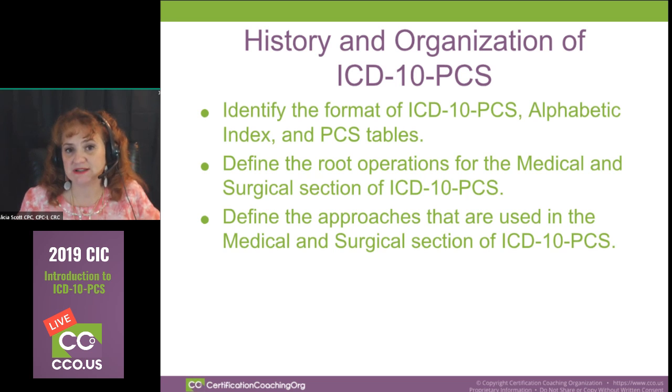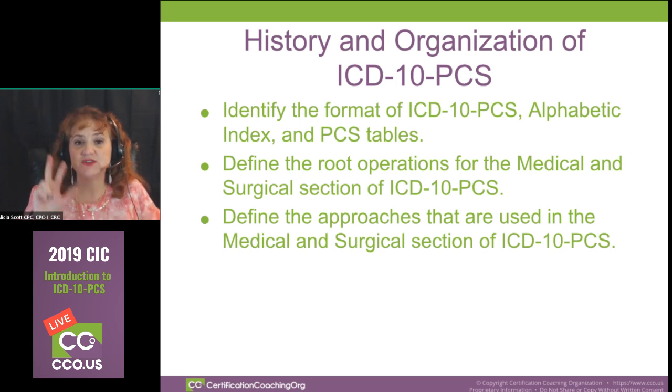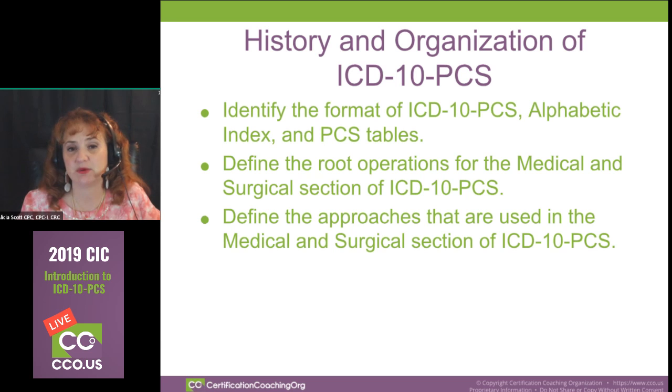The manual itself is relatively easy to use once you start using it, but I'll tell you right up front, to be really good at PCS, you've got to know the root operations. Now, there's around 31 root operations, and that's the third character in the setup of a PCS code.